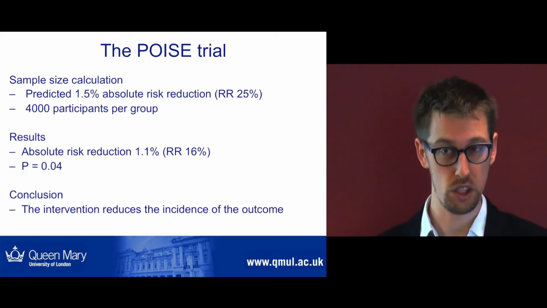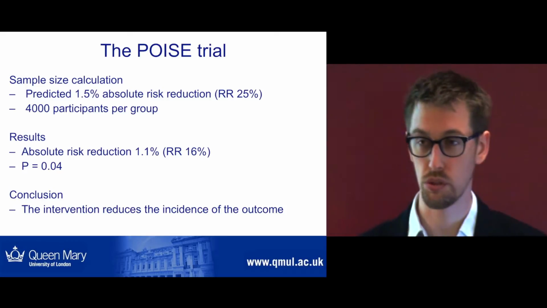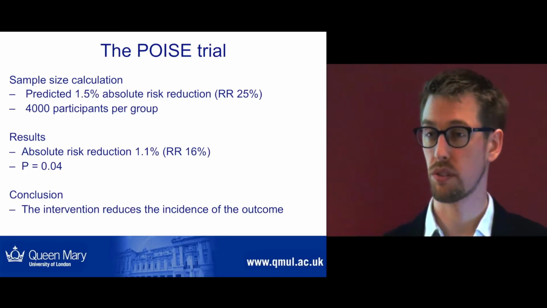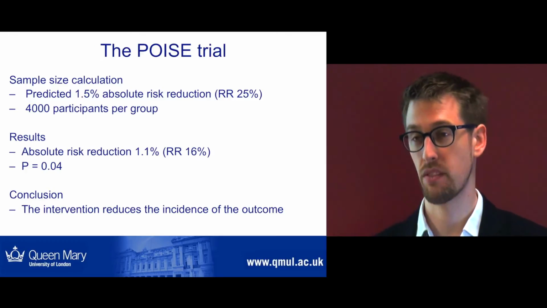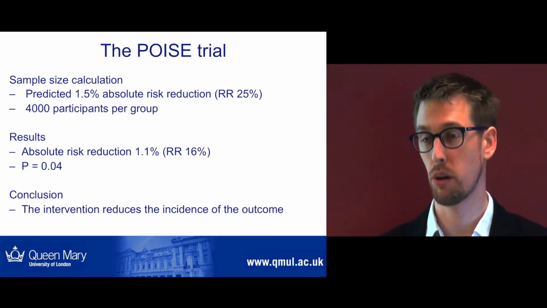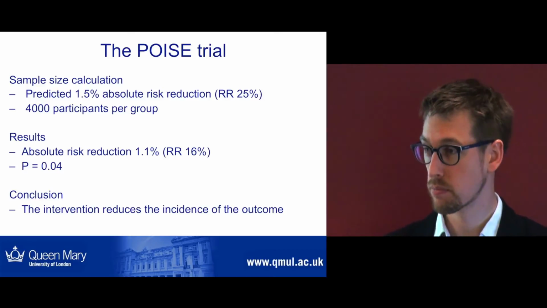And that equated to a relative risk reduction of 25%. Now, that's an important difference between the two trials. Clearly, in the POISE trial, their outcome measure was much less common.